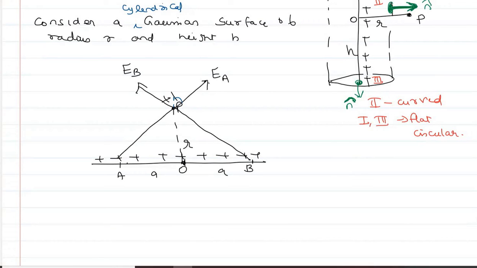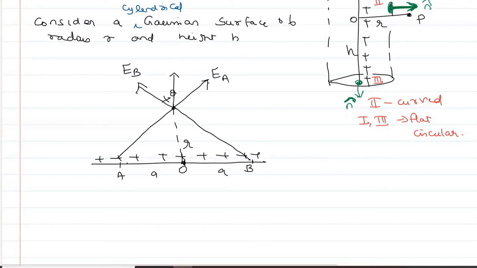Two vectors of equal magnitude making an angle theta with each other, then the resultant vector will lie midway. This is the net resultant vector. Okay, let us consider this vector makes an angle theta with the y-axis.